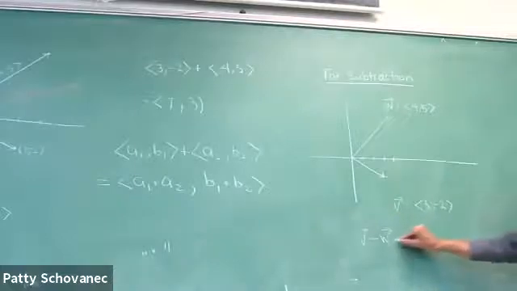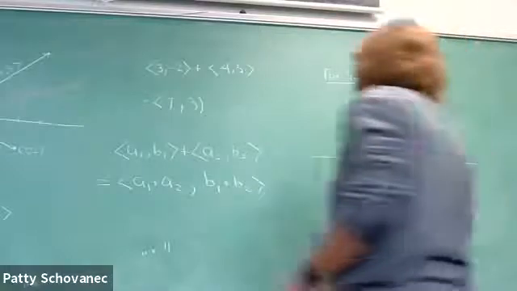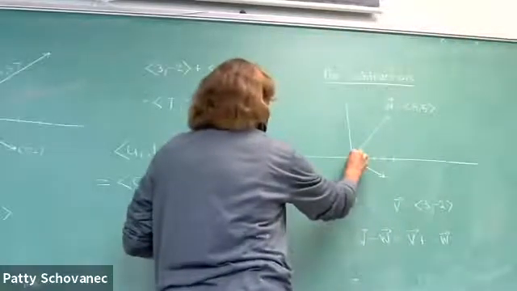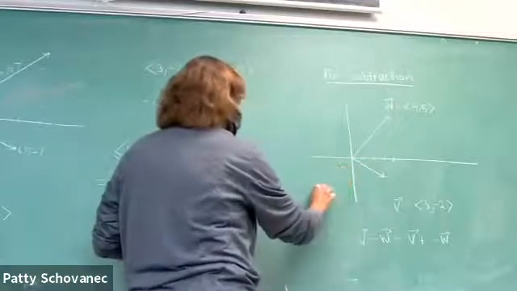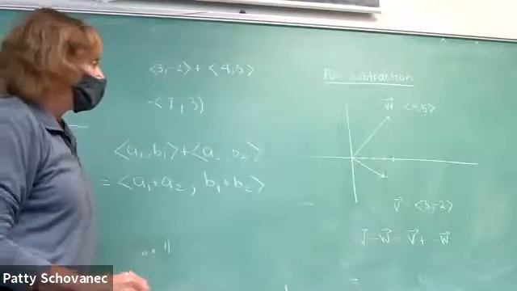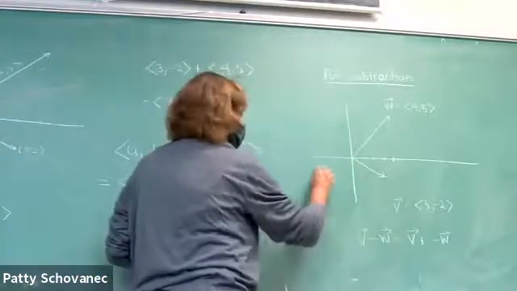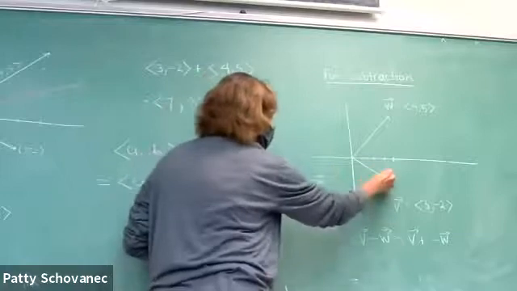Well, that should be the same thing as V plus the opposite of W. So here goes the opposite of W. There's minus W. And now if I do the parallelogram law here, this is minus W, and then make my parallelogram.